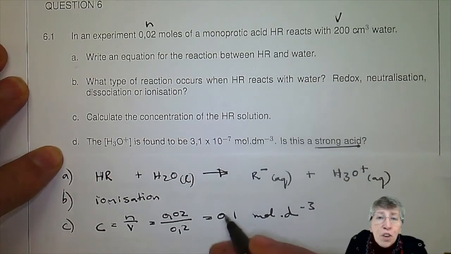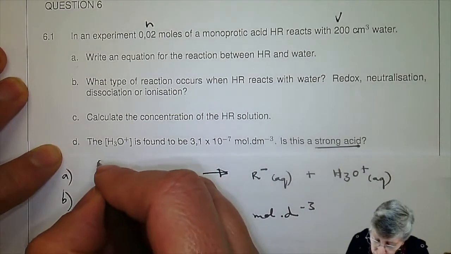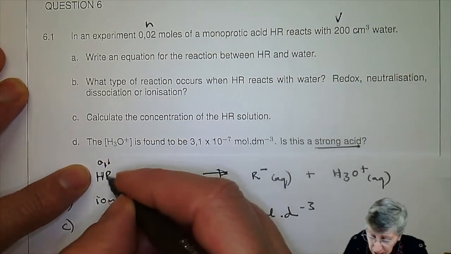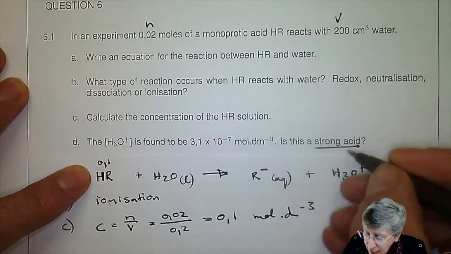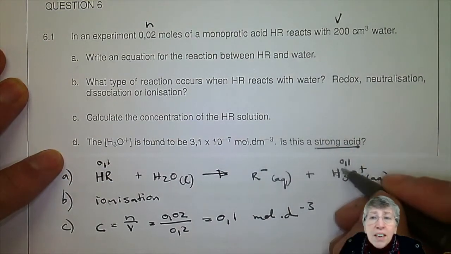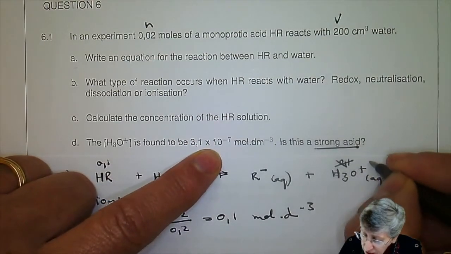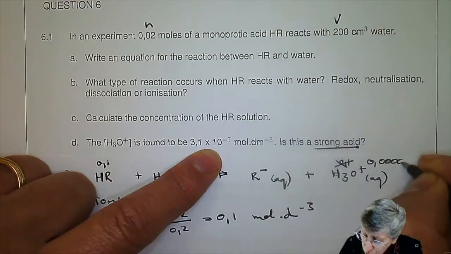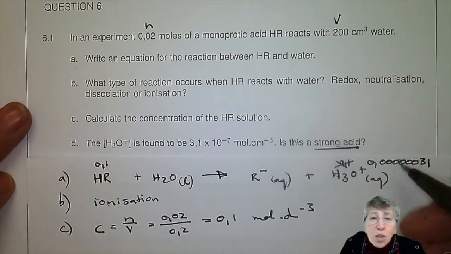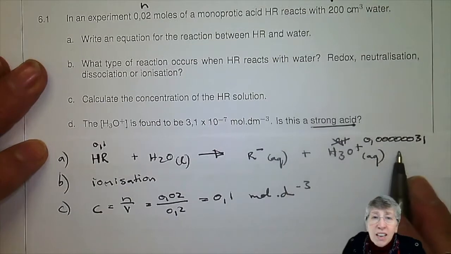So if I put 0.1 moles in every cubic decimeter, in every liter, and it ionized completely, which means every single molecule reacted, I should have had 0.1 as well, right? But I don't have that. What do I have? I have 3.1 times 10 to the minus 7. That is a lot smaller, which tells me that most of the HR molecules did not ionize, right?